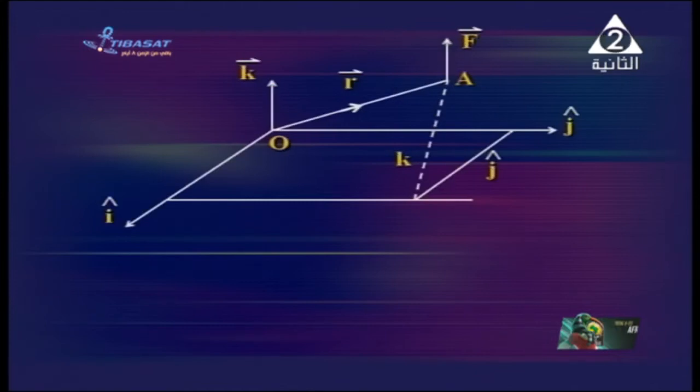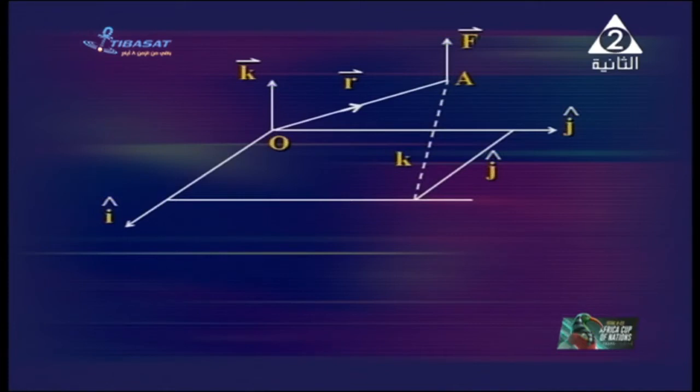Look at, my dear student, we have the force F acting at the point A. What about the moment of the force F which acts at the point A? Remember, in 3 dimensions, we have OX, OY, OZ.